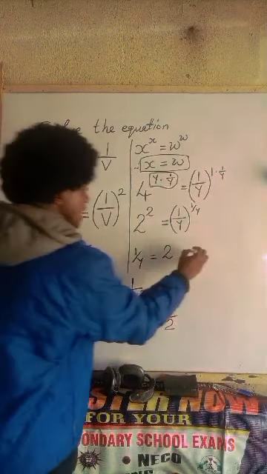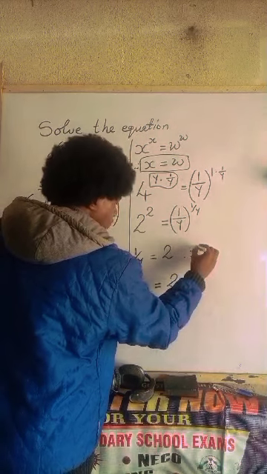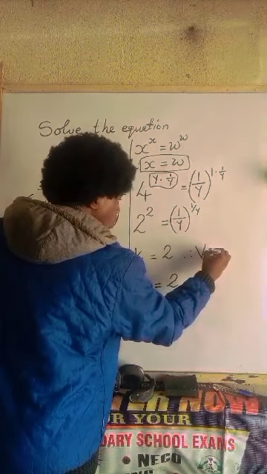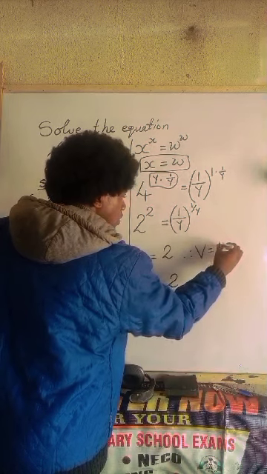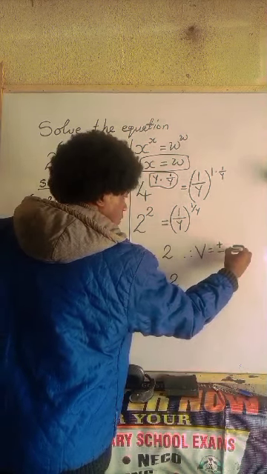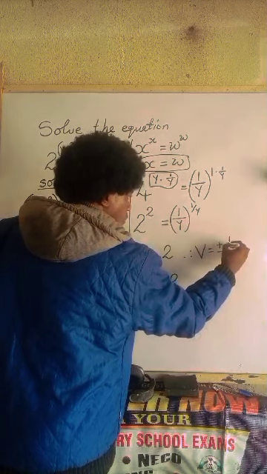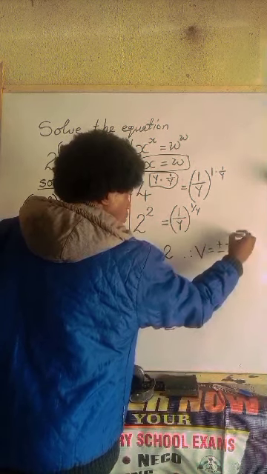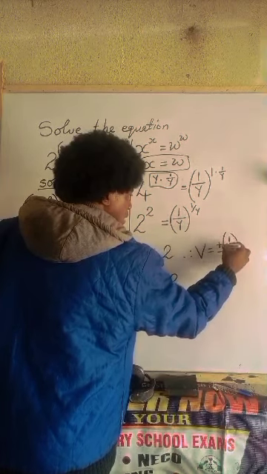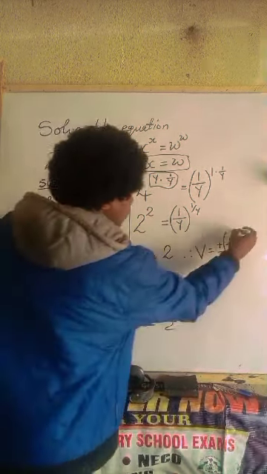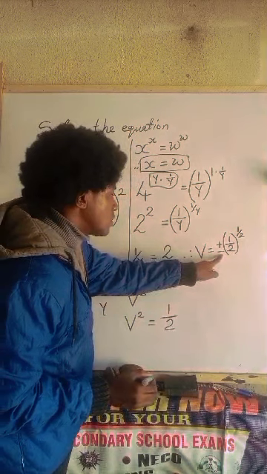So what it means now is that v is equal to plus or minus (1/2)^(1/2). And the negative sign will not go.